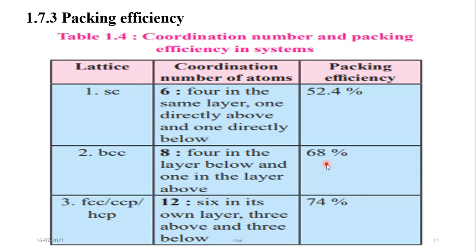And in FCC or cubic close packing or hexagonal close packing, the coordination number is 12, 6 in its own layer, 3 above and 3 from the layer below. So 74% of the space is occupied by the particles. That means the packing efficiency is 74%.